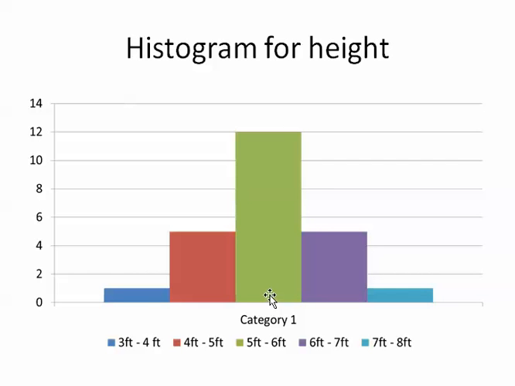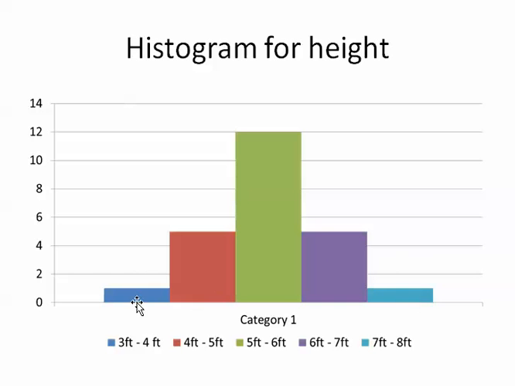Notice how when you have a normal distribution, most people are in the middle. See how we have 12 people who are between 5 feet and 6 feet tall. So most people are at the middle of height. Most people have medium heights, and we have fewer and fewer shorter people down here, and fewer taller people down here.